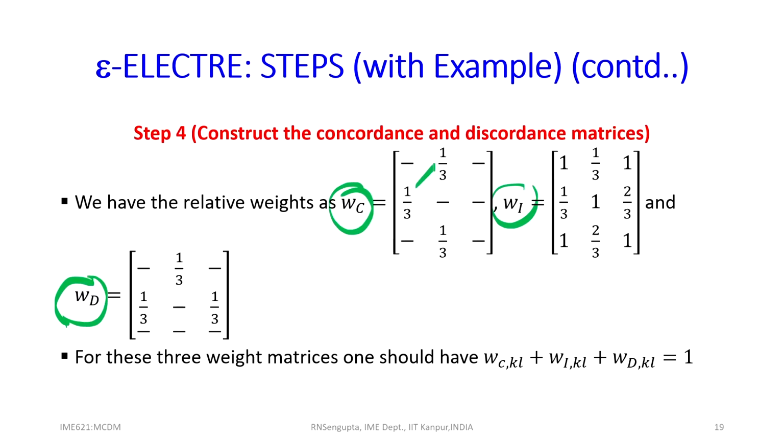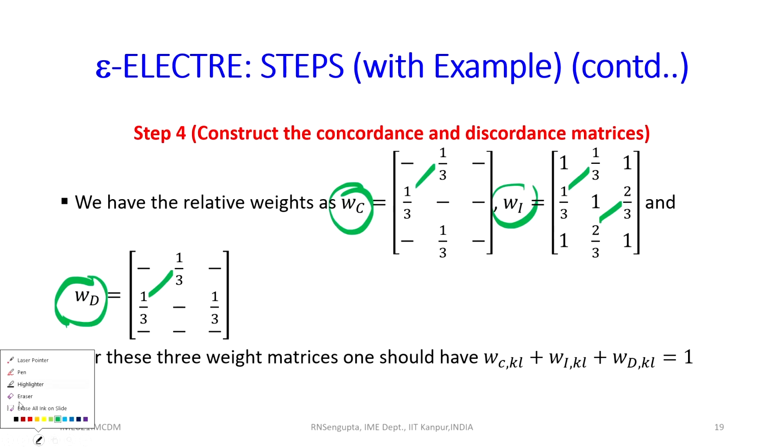Here it is not, because we have divided into 3 sets C, D, I. So, this does not add up to 1, and this also does not add up to 1. What you need to remember is similarly for the indifference one, they also would not add up to 1. For the 3 weight matrices, the weights correspondingly for each element wise should add up to 1. Here it is what I want to highlight.